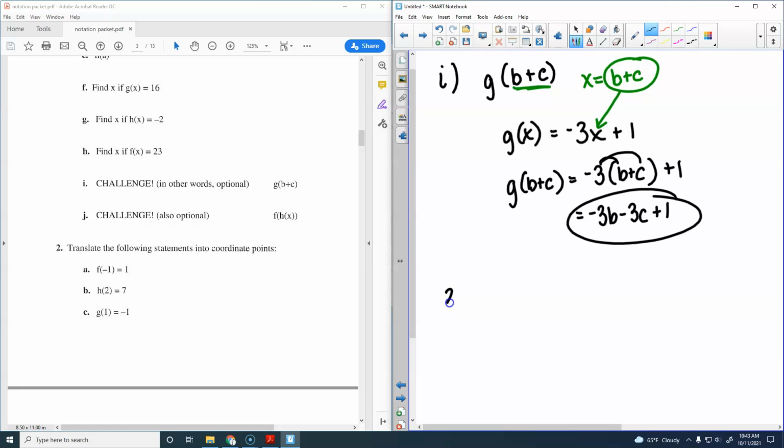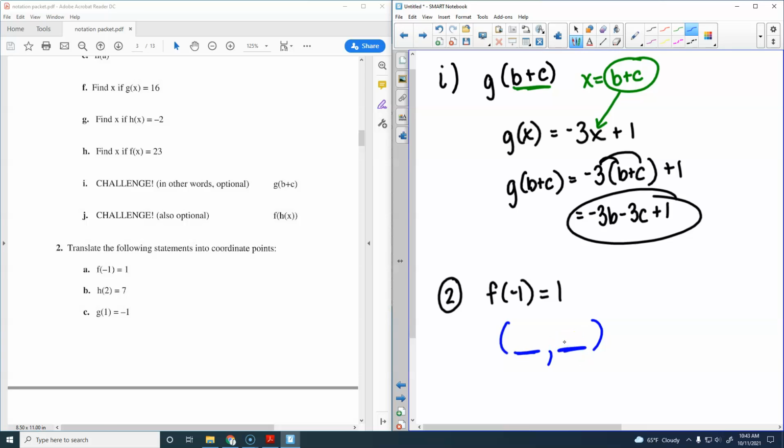2 is asking us to do something here. It's telling us f of -1 equals 1. Okay, these are super simple. It's asking us to translate it into coordinate points. Coordinate points look like this. Your x coordinate goes here, and your y coordinate goes here.